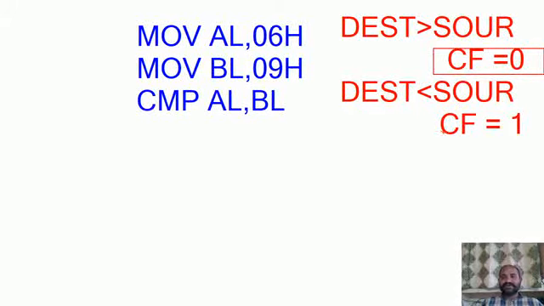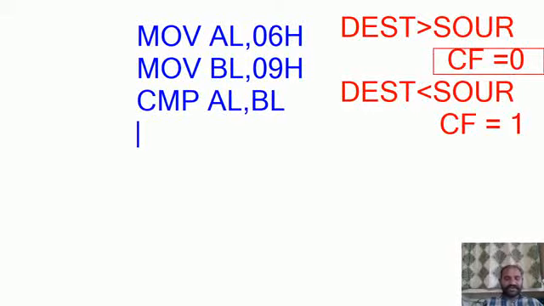If the carry flag is not equal to 0, then obviously the destination is less than the source. At that time I would like to take the source into the destination register, because the source is greater than the destination. So we are supposed to look for carry flag equals 0, soon after the comparison operation is over.